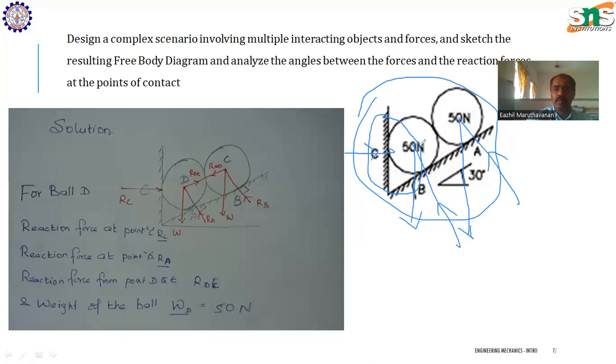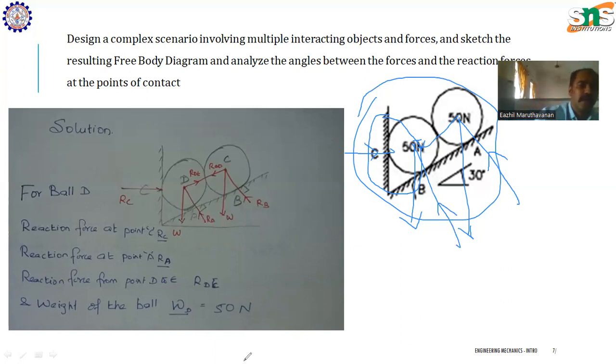And this ball is not falling down because ball B is supporting it and preventing it from falling. So there will be reaction forces acting between these two balls. If one ball moves upward, the other will move opposite, downward, on the same line of action. We have to assume the directions accordingly.